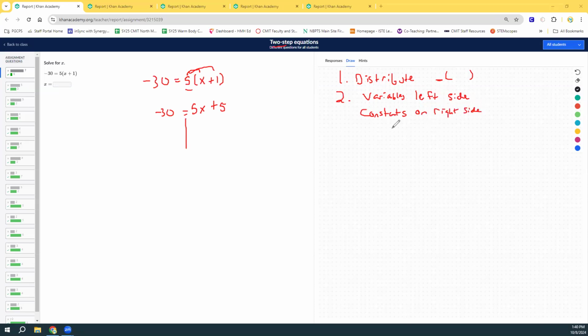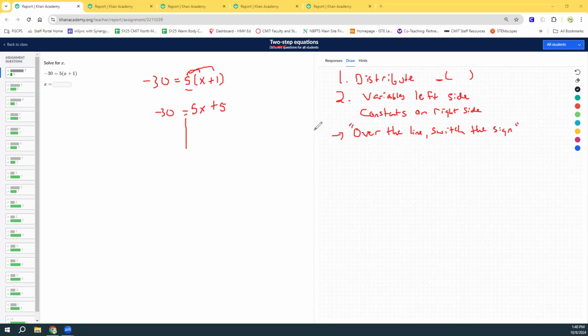Following the rule, this is a very important rule, say it with me: over the line, you gotta switch the sign. Isn't that good? I love rhyming. Okay, over the line, switch the sign.